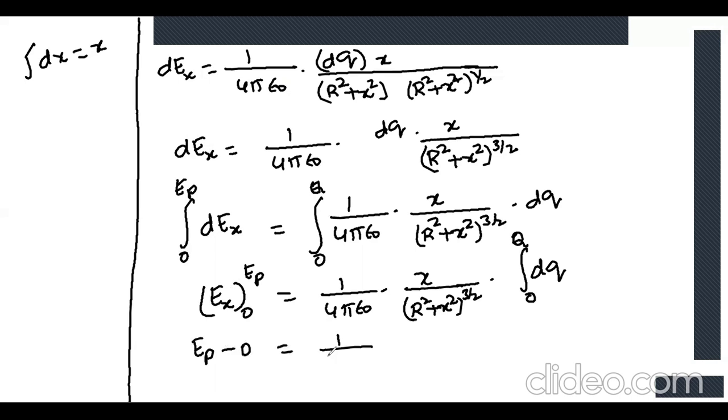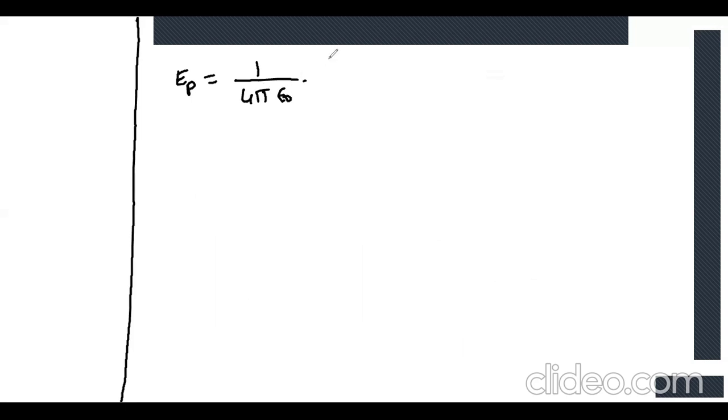So the electric field at point P will be 1 by 4 pi epsilon naught, capital Q into x by r square plus x square whole power 3 by 2.